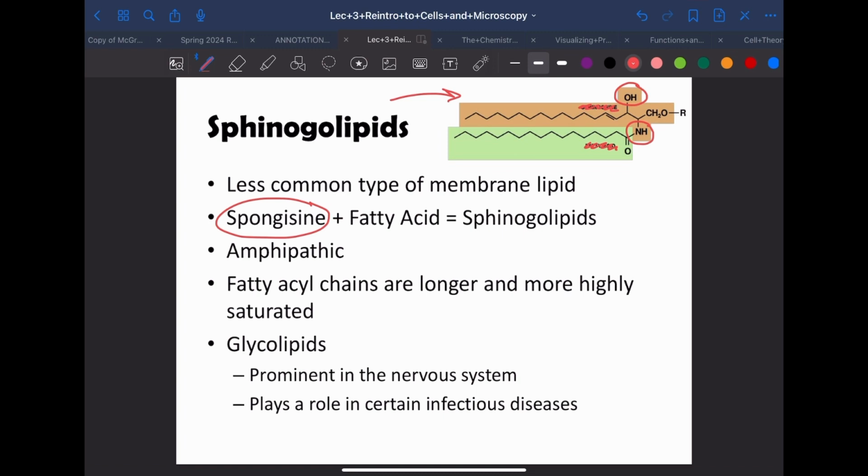So just like the phospholipids, they are also amphipathic, which means they also do have hydrophobic and hydrophilic qualities. The main difference between this one and the phosphoglycerides or phospholipids, whatever you want to call them, is their fatty acyl tails. So these guys, the tails, right, are longer and more highly saturated.